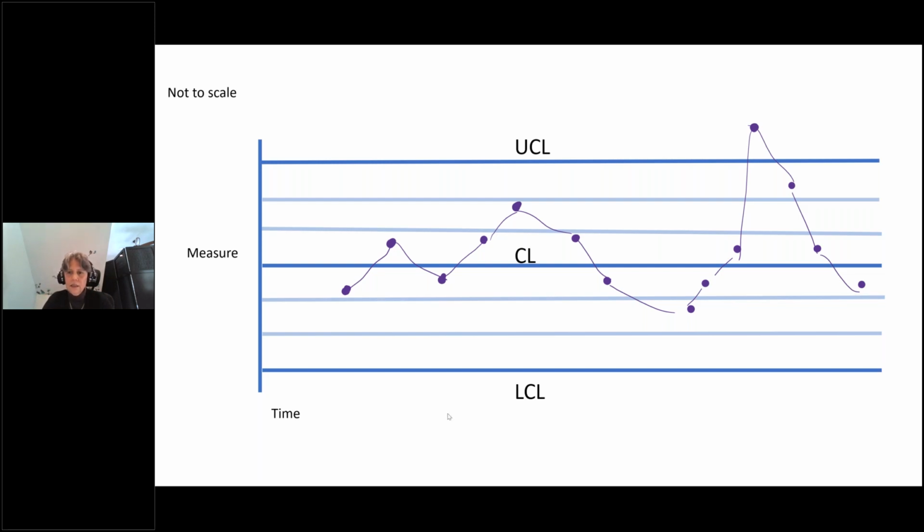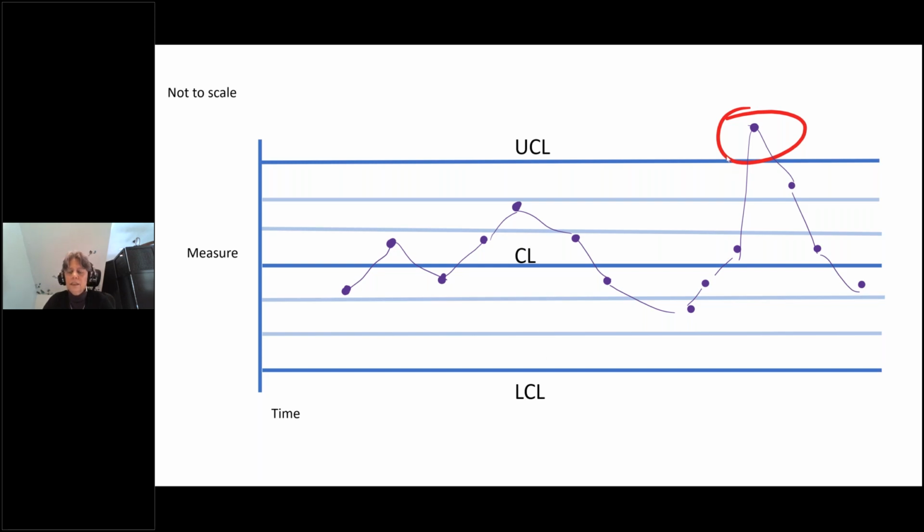In this case, we have one data point that's outside of our control limits. We would expect that more than 99% of the data should be within the control limits. So this tells you that there's some special cause variation happening here. You don't know what it is necessarily, but this is when it happened. So maybe you can go back and figure out from that event what it was.